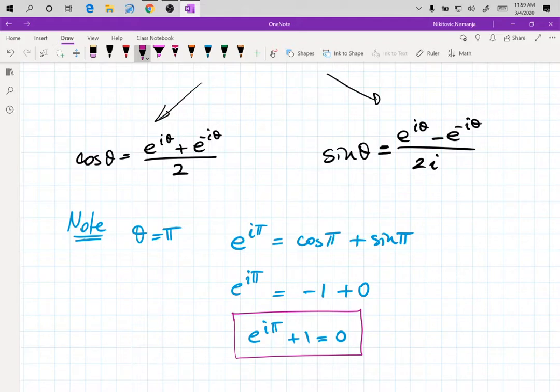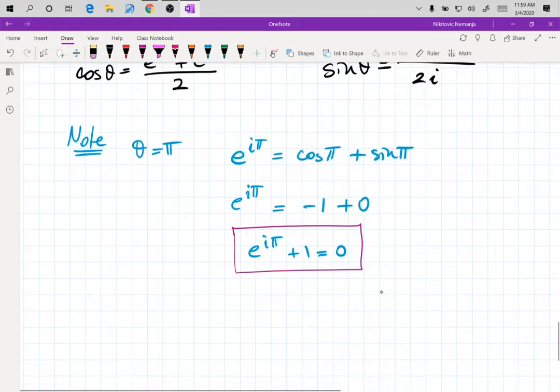No, plus 1. It is plus 1. Okay. Because when you move the minus 1 to the left, cosine pi is negative 1 when you plug in pi. Cool. You can buy T-shirts with this. And it's really cool.